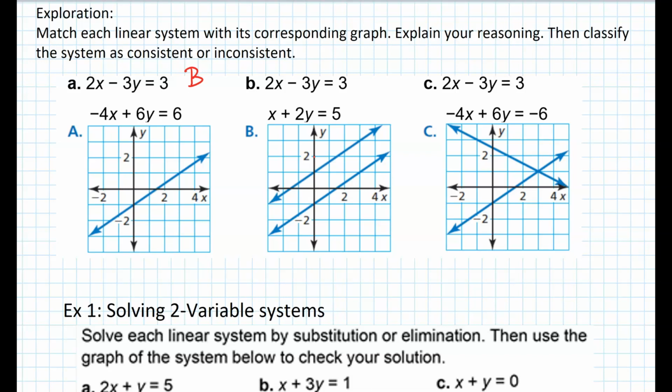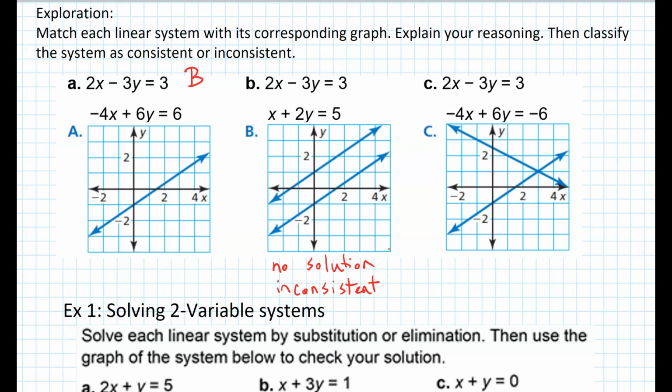Parallel. They're parallel, and if you have two parallel lines, can they have a solution? No, they never ever intersect. So this is a no solution. Therefore, this is inconsistent, because there's no solution to it.